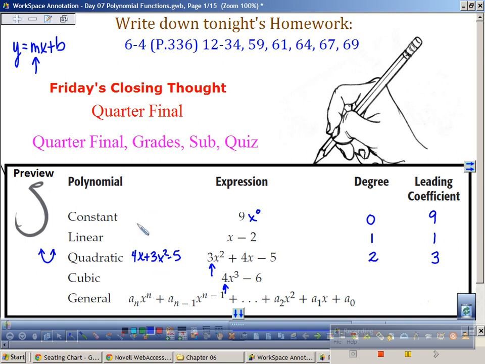What else do we know about it? It goes up. Why? Because it's positive. What else do we know about it? It has a minimum of what? We don't really know yet. There's one more thing we can tell by just looking at it. We already said positive.